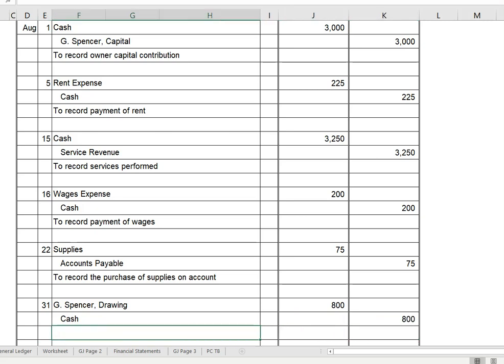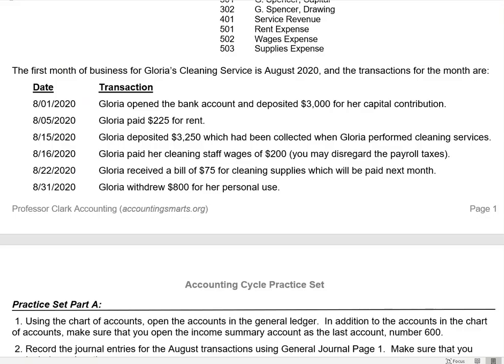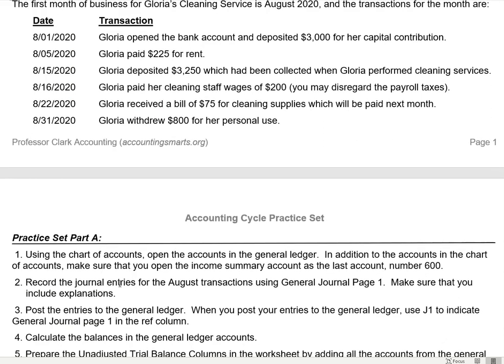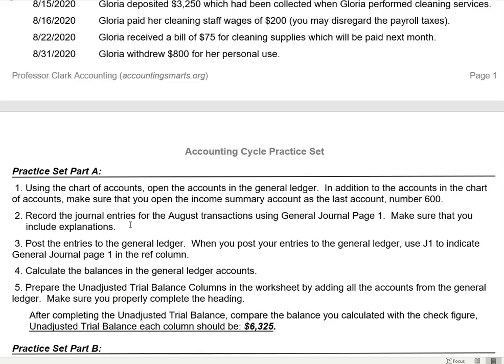And our explanation is to record owner draw. All right, so that is practice set A, number 2. So we've got number 1 and number 2. I'm going to end the video here and start a new video for the last 3 steps.